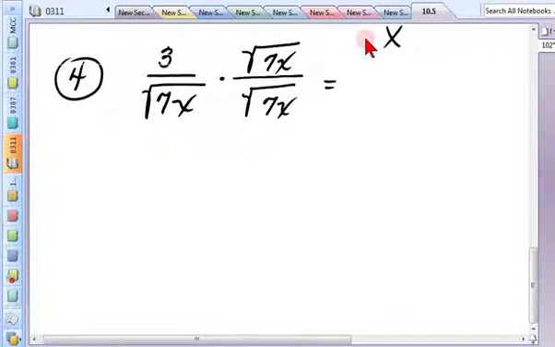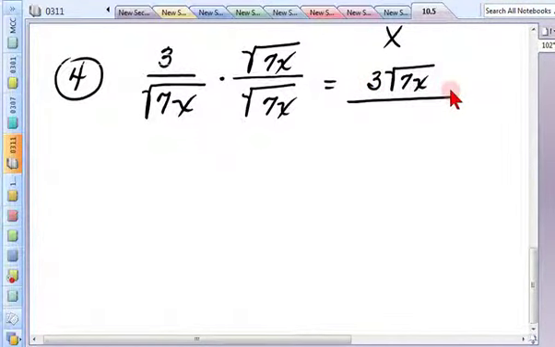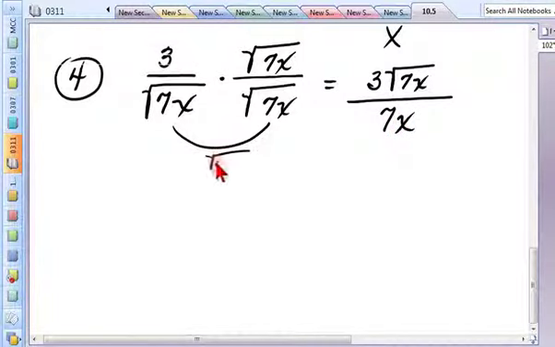The numerator, and I'm sorry about that x that's still sticking up there. Maybe I'll write the answer down here. What is 3 times the square root of 7x? Isn't it 3 times the square root of 7x? And the denominator? It is just 7x. If you multiplied it out, you'd get the square root of 49x squared, but that is 7x.